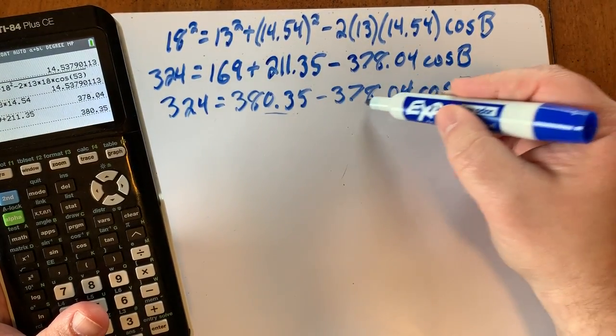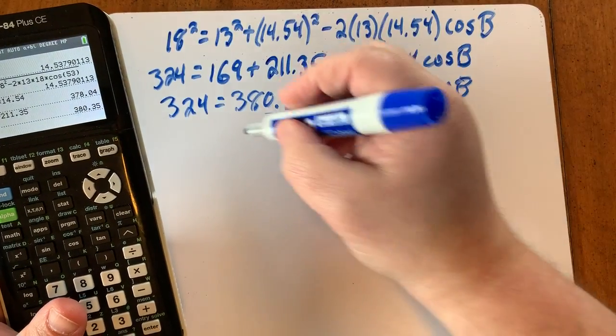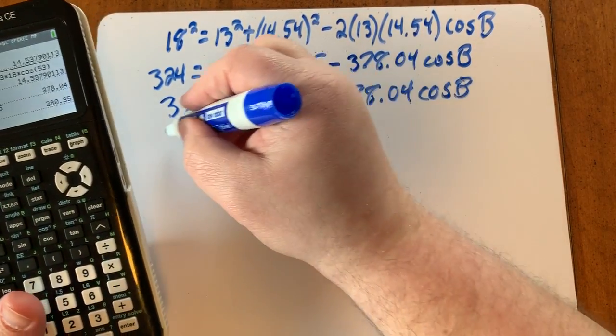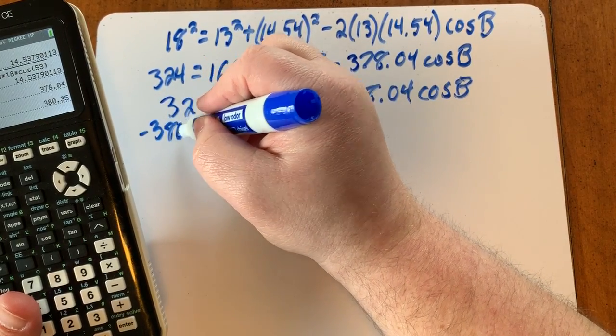Remember, these two are not like terms. You cannot combine them. You have to subtract the 380.35 from both sides.